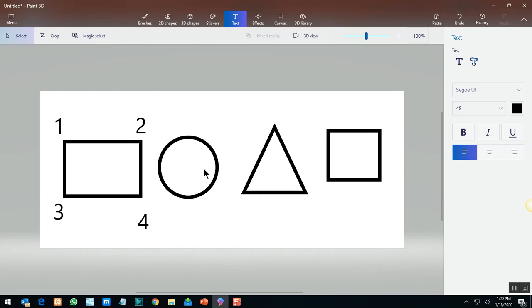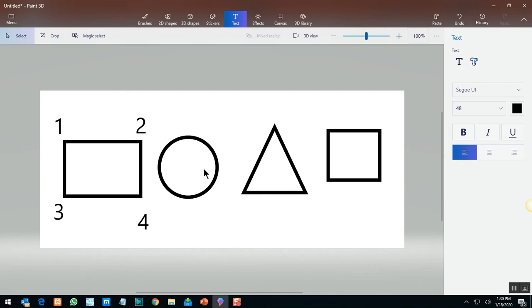How many corners are we having? 3. And how many sides are we having? 3. Next is square. Square or rectangle, it almost has the same number of corners and also sides.